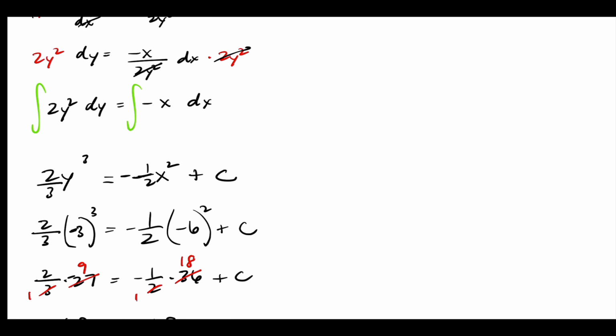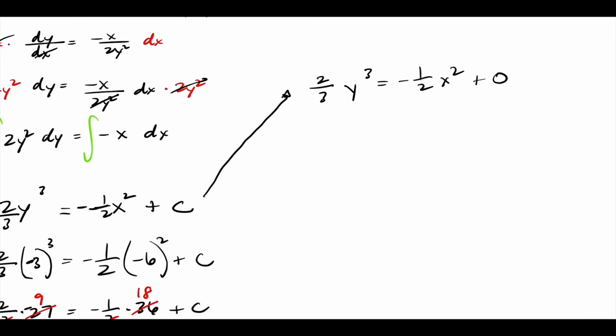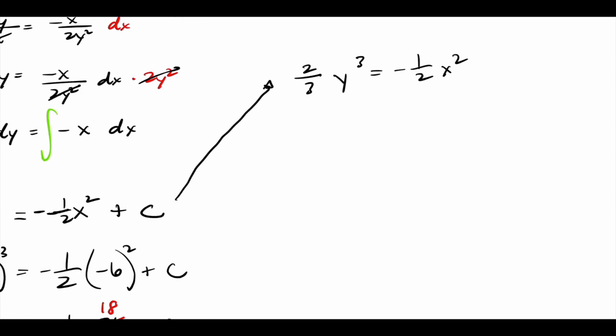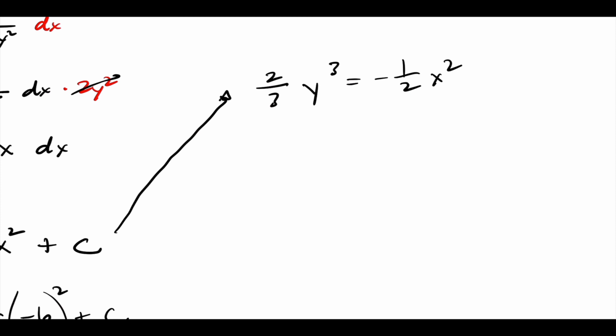So now what I'm going to do is rewrite this guy over here. You can write the plus 0 in, or you don't have to. It's not wrong either way. Most people just don't write it in. Now I have to, last step, solve for y. So I'm going to multiply by the reciprocal.